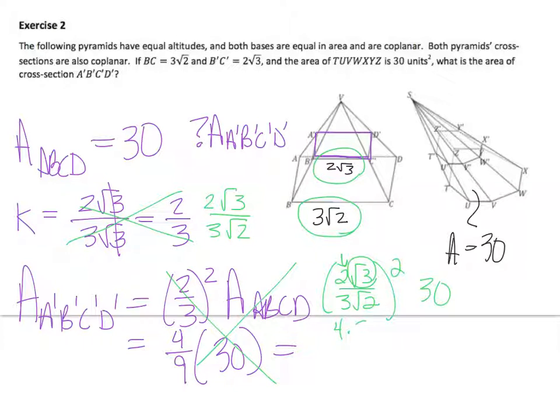Square this and get a 3 over 9 times 2. 12 over 18 times 30. Let's try that one. 12 times 30 is 360. Divide by 18 is 20. 20 units squared is my answer. Excuse the mistakes, but I feel that we can learn from them.